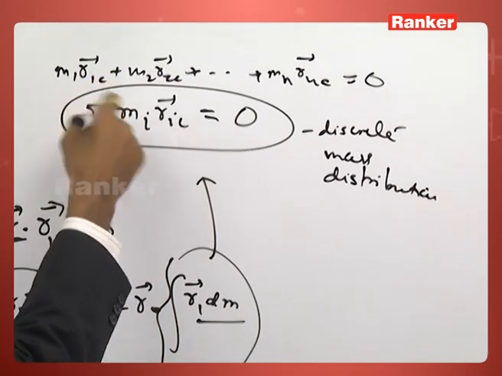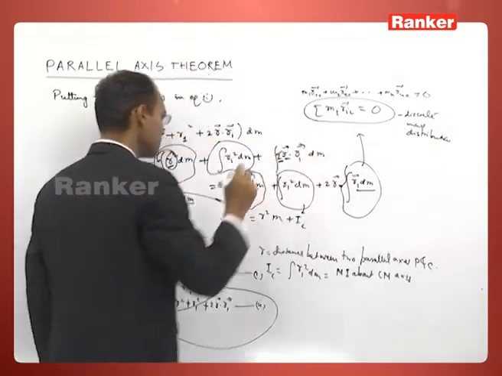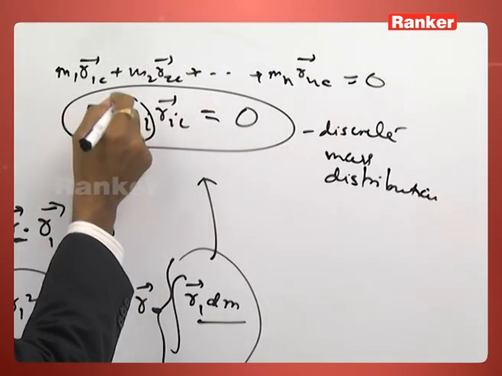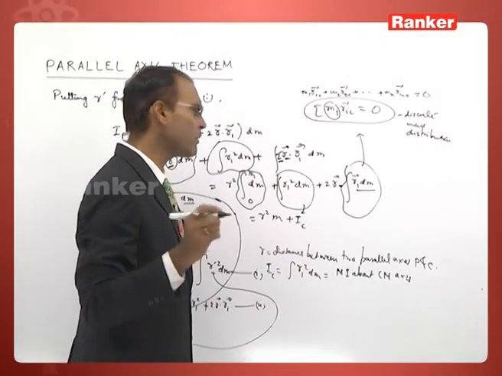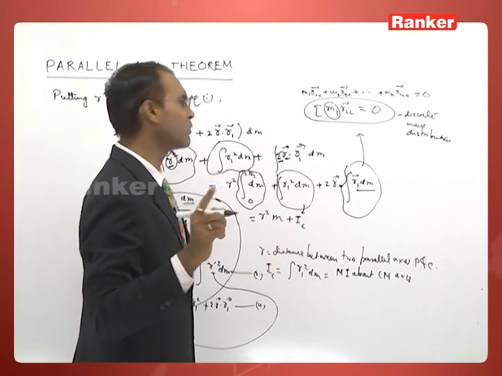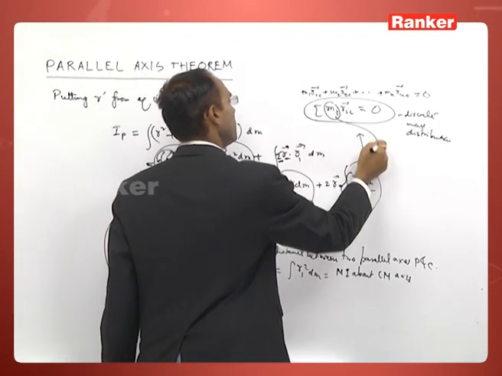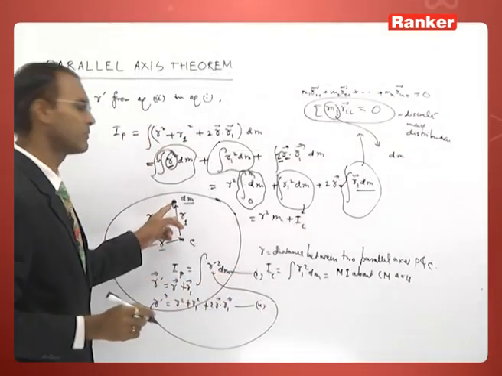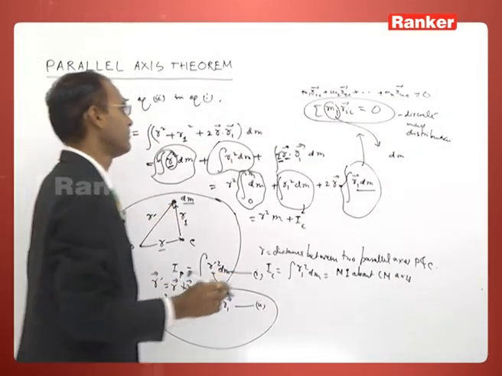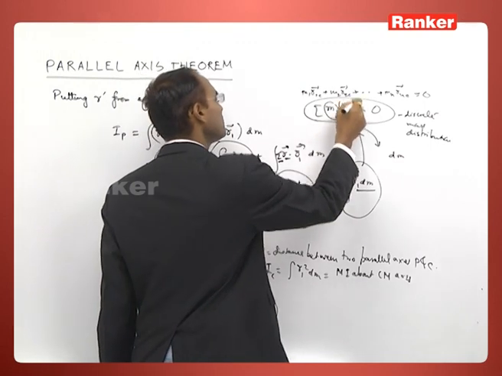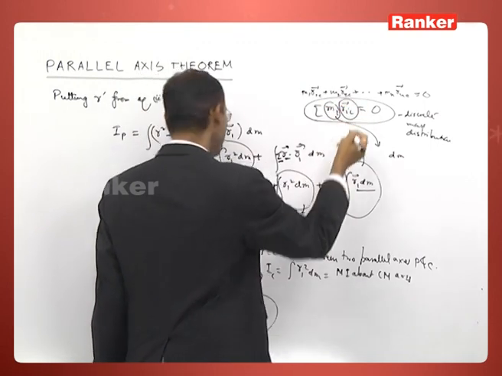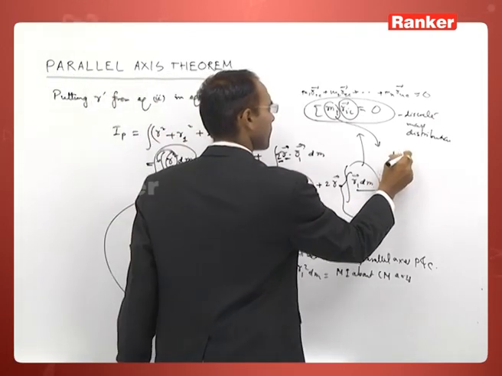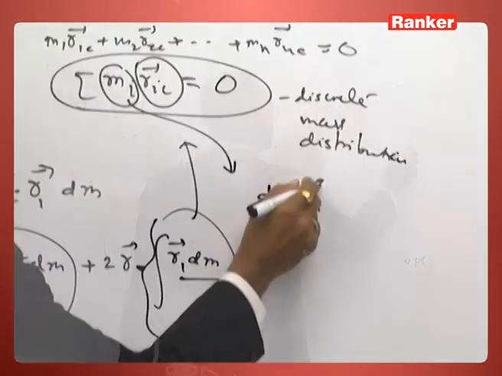For continuous mass distribution, when the mass is uniformly distributed or non-uniformly distributed, doesn't matter, but it must be continuous. Instead of mi, we can write dm. Instead of the position vector of the ith particle with respect to the center of mass, we can write vector r1.